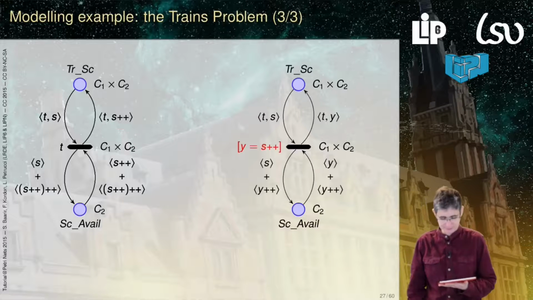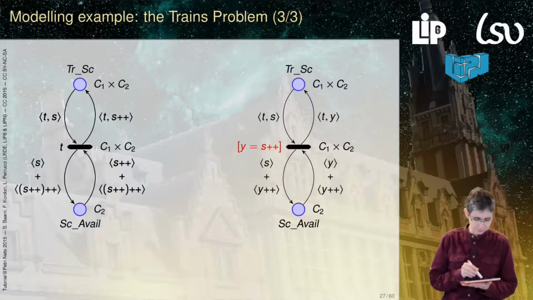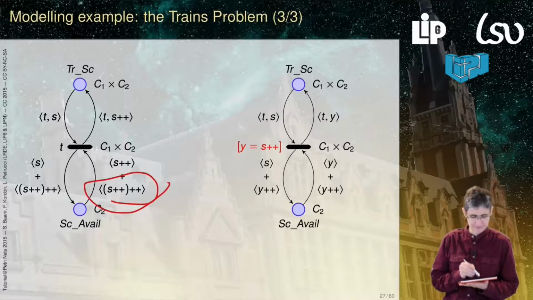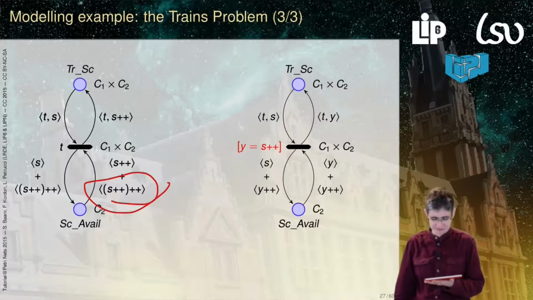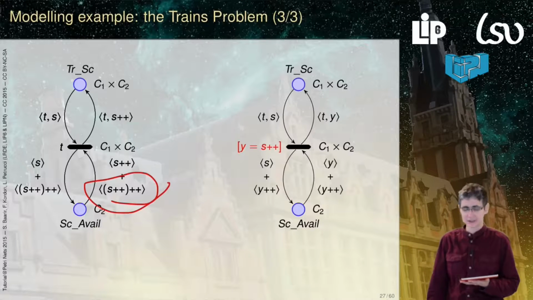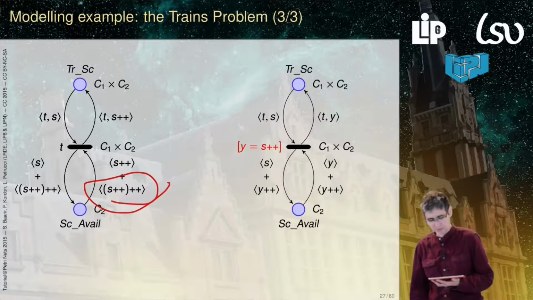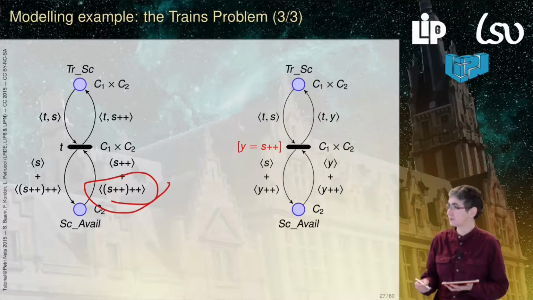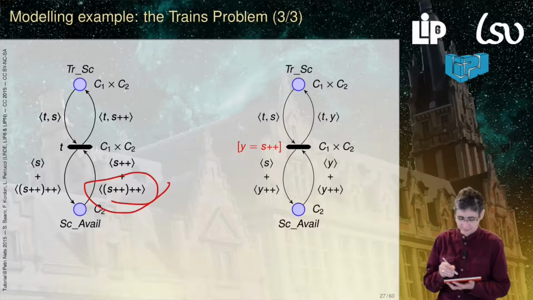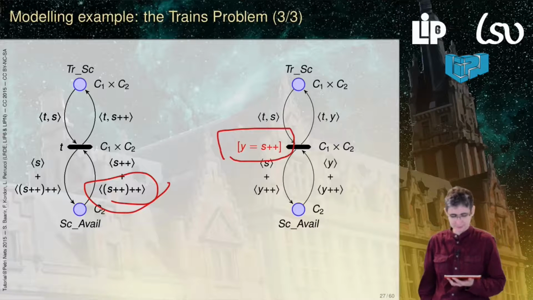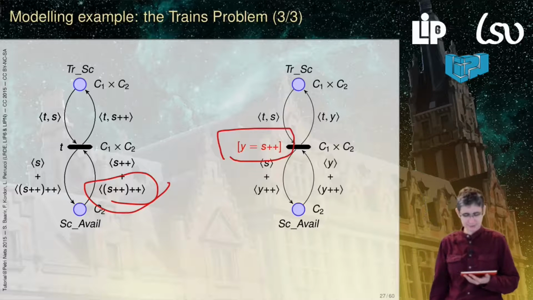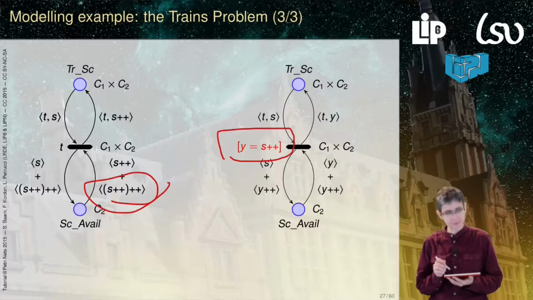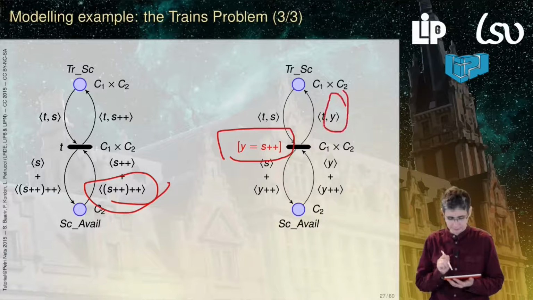Another possibility is to say I don't want to have these kind of writings because it starts cluttering the net, and I want to use some other features of nets, and I have guards that are available. So here you can see you have a guard saying y equals S++, and instead of using S++ in the arc labels, I use y everywhere, here and there and there.